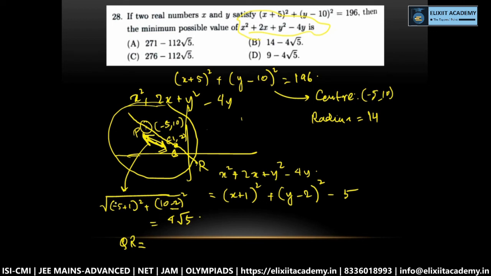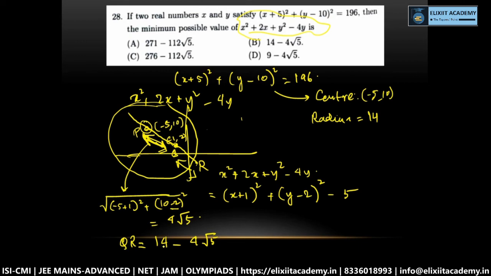This is the center, right? So this total distance is 14. Radius is 14. So 14 minus 4 root 5. This is QR. Clear with this? So 14 minus 4 root 5 is your QR.